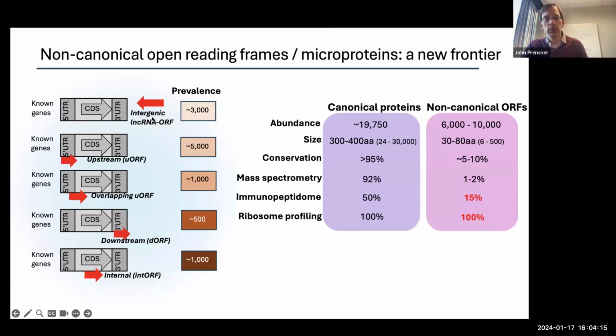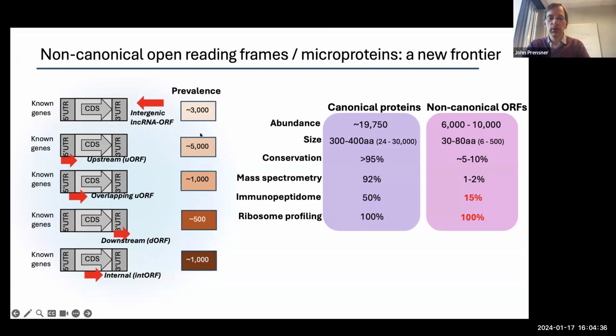These may either be bifunctional RNA slash translated RNAs, or they could just be misannotated lncRNAs. They also could be in the confines of an existing annotated gene, located perhaps in the leader sequences, such as an upstream open reading frame, or in the downstream sequences.